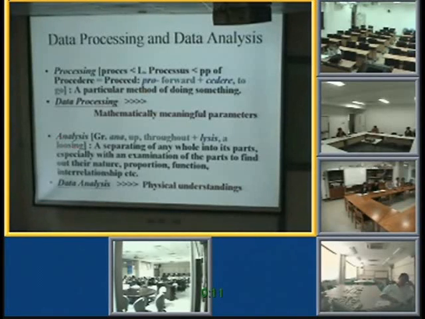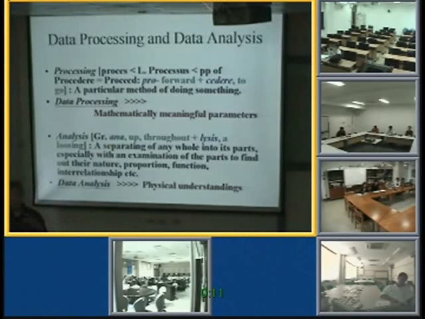Analyzing is very different. Analysis comes from Greek. The root word is Greek. It comes from ana, meaning up and throughout, that means everything, and lysis means losing. Put together, it means that you take anything, then you cut it in parts, totally cut in parts.